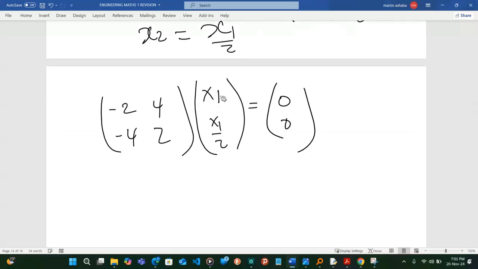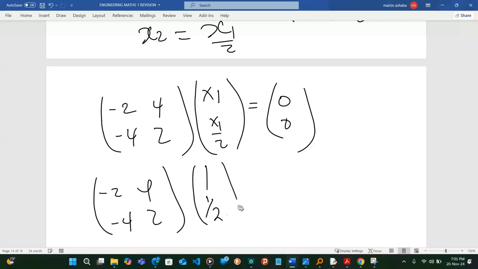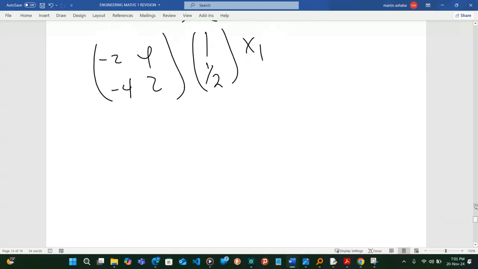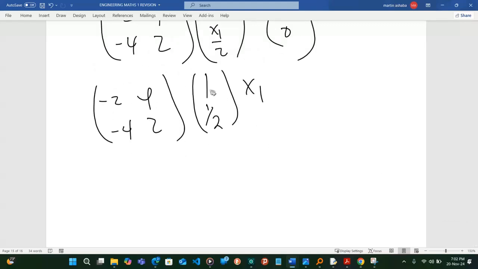So what do I do? I factorize out x1, so I will have x1 times negative 2, 4, negative 4, 2, into 1, and 1 out of 2. But what does this mean? That means this one, x1, is twice x2, meaning I can multiply by 2 here, by 2 here, so that I have 2, 1.